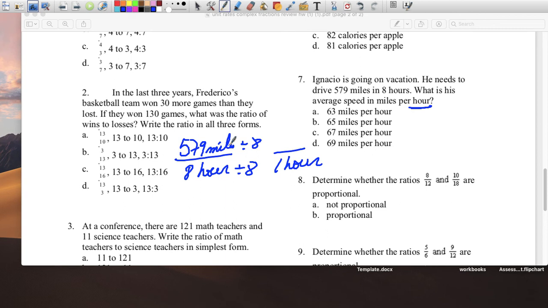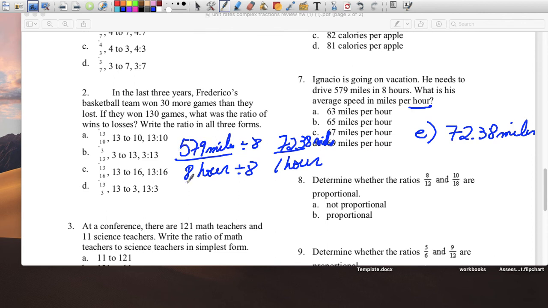I got 72.38 miles an hour, which matches none of the multiple choices over here. So I'm going to write E, 72.38 miles. Unless I'm doing something wrong, that's what I'm getting from my calculator.